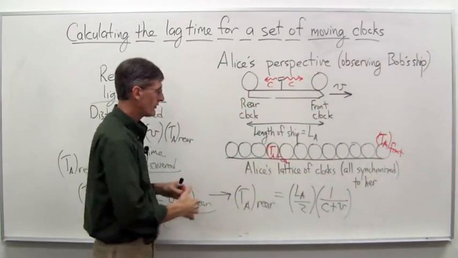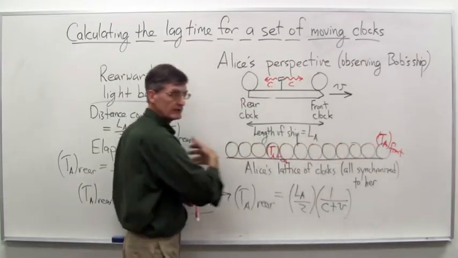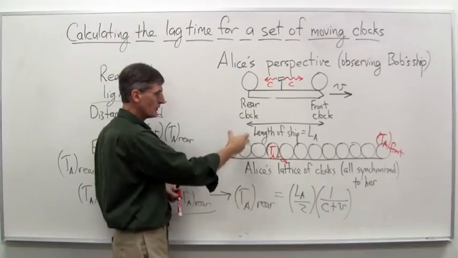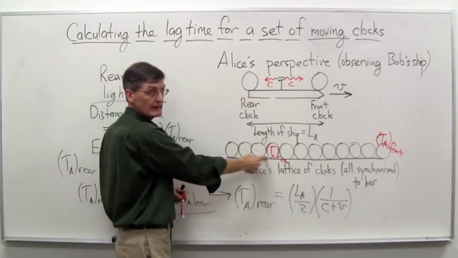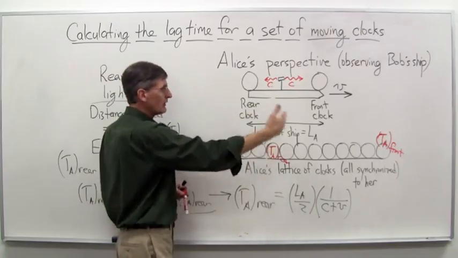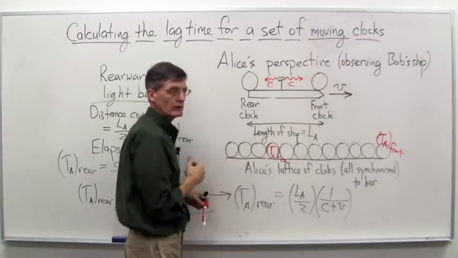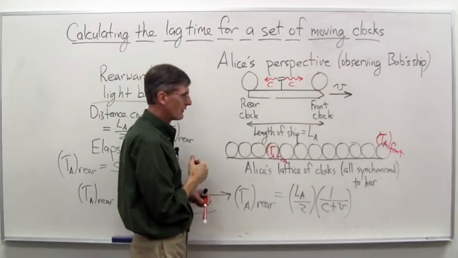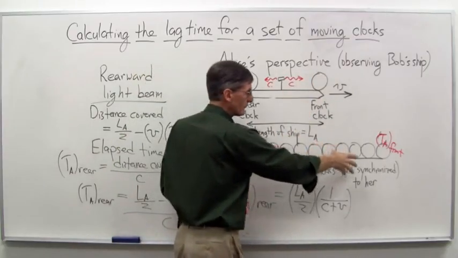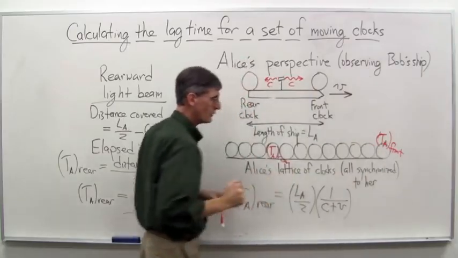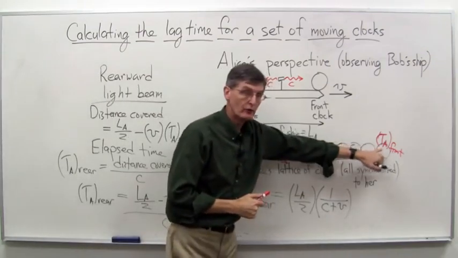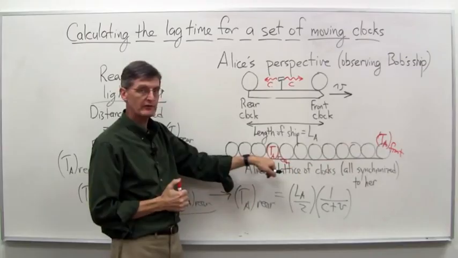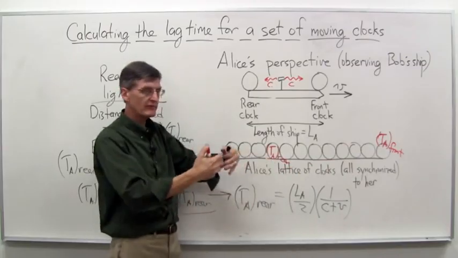And again, at that instant in time, all of Alice's clocks say TA front. They're all synchronized, so it's 0, 1, 2, 3, boom. Rearward one hits, record that, wait a little bit more for the front going photon to catch up to the front clock, and boom, at that instant in time, do the flash, it'll read TA front. Where TA front here is going to be a later time than TA rear.